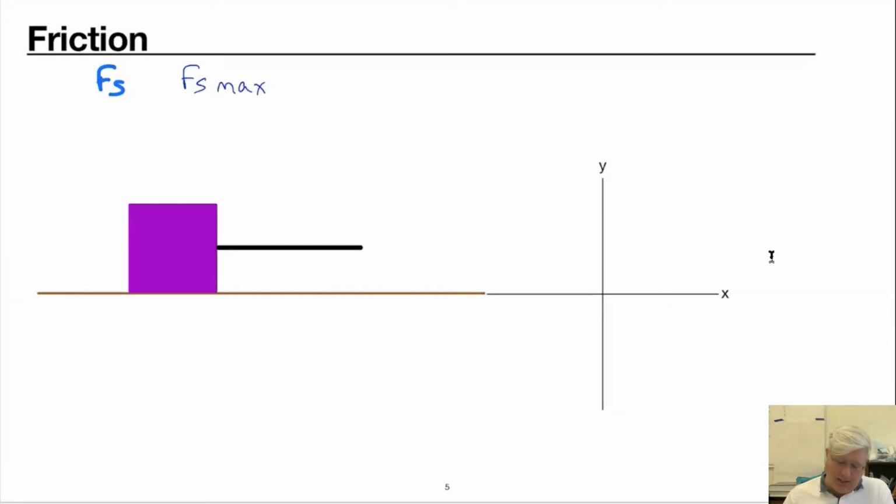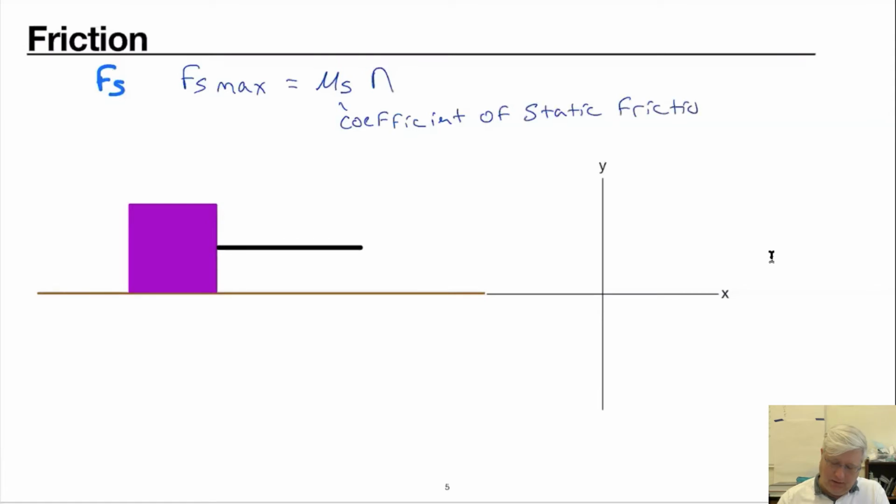The same kind of scenario applies as far as the normal force, and it's proportional, and that proportionality constant is mu s. That's the coefficient of static friction. Just like we had the coefficient of kinetic friction, we also have a coefficient of static friction. So kinetic friction only has one value.